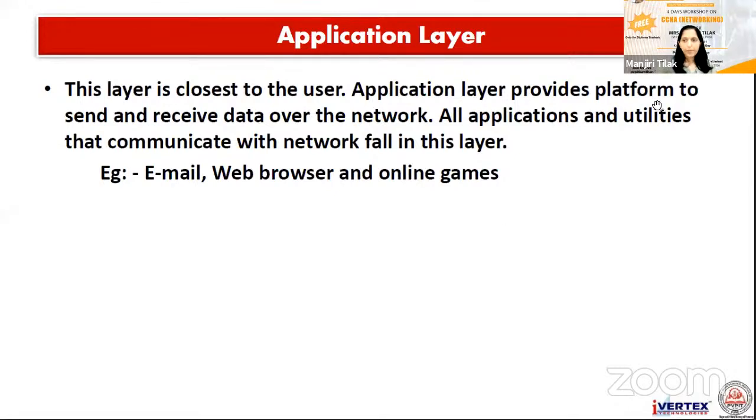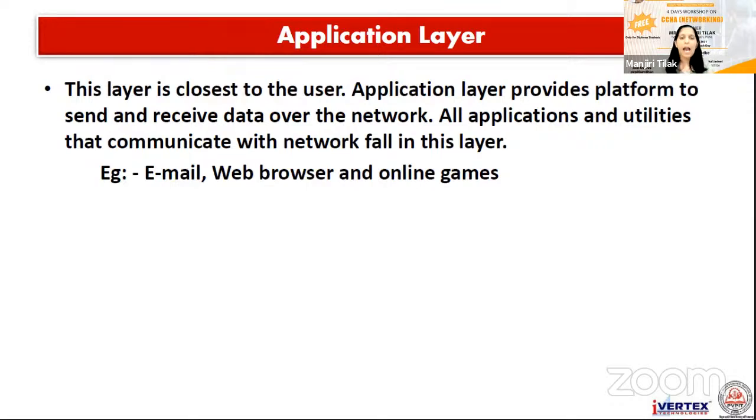Now remember, the application layer is closest to the user. What is the function of the application layer? The application layer provides a platform or an interface where the user can interact with the system and put various requests, right? Because whenever the user initiates the communication, where will the communication be initiated?